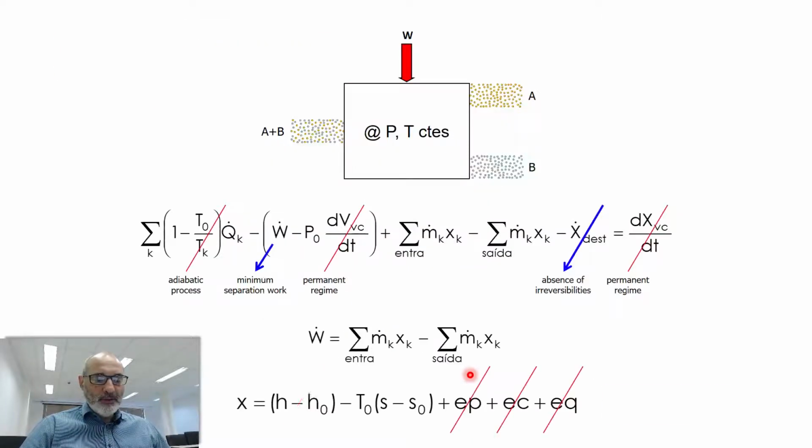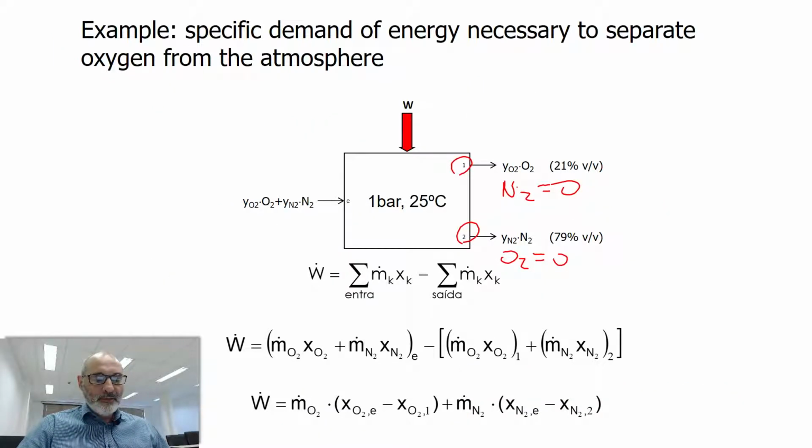So is the exergy of oxygen entering the system greater or smaller than the exergy of oxygen exiting the system? If the level of disorder after separation is lower, entropy is also lower and exergy is greater. So this difference must be less than 0 if it is actually a separation process.